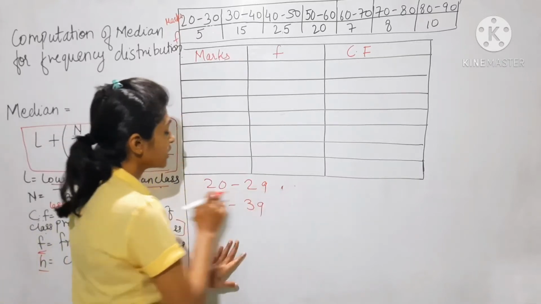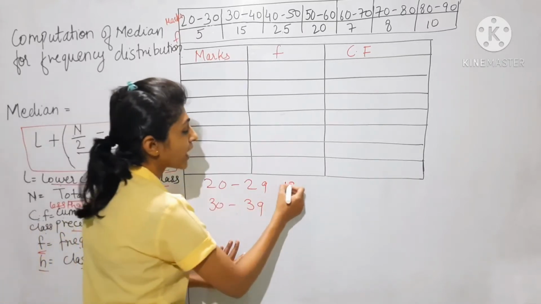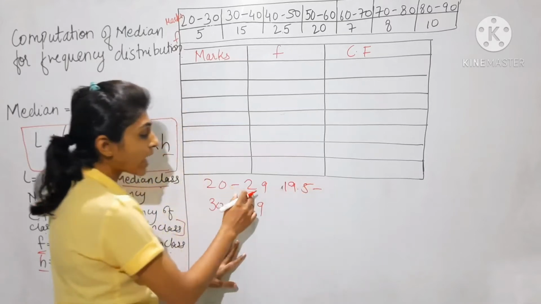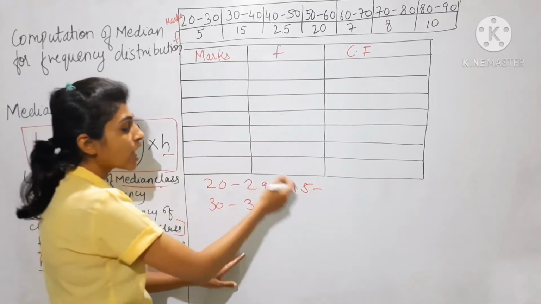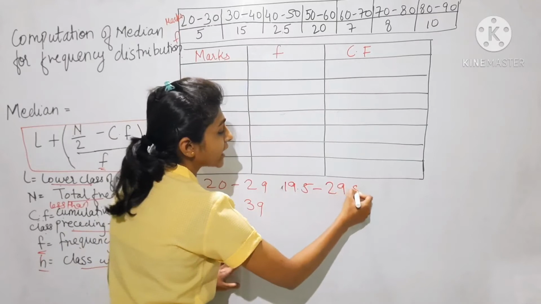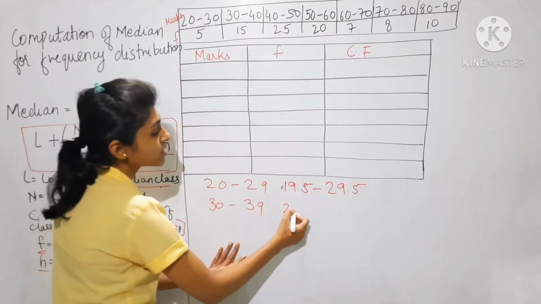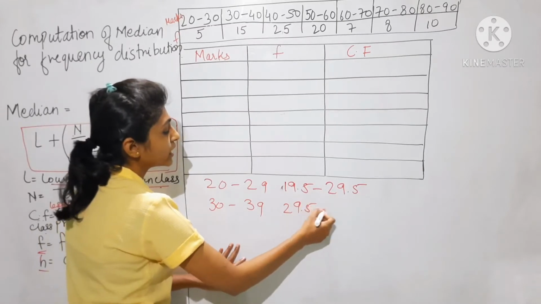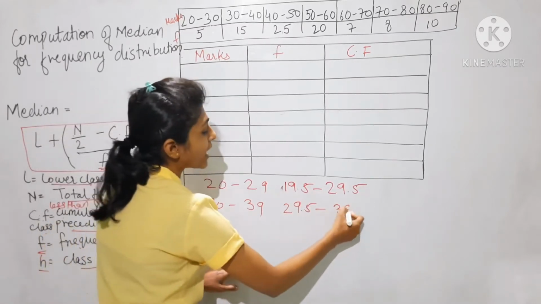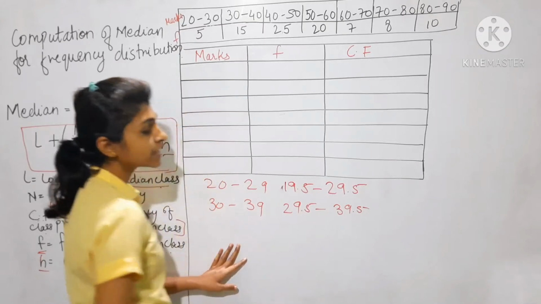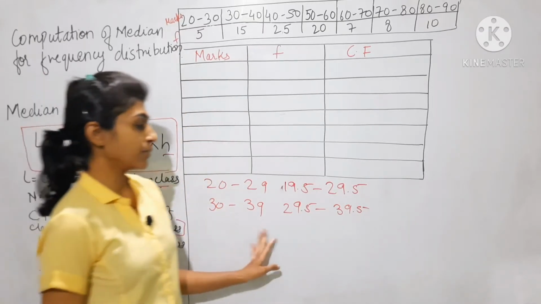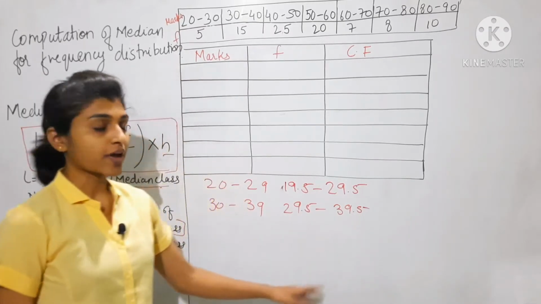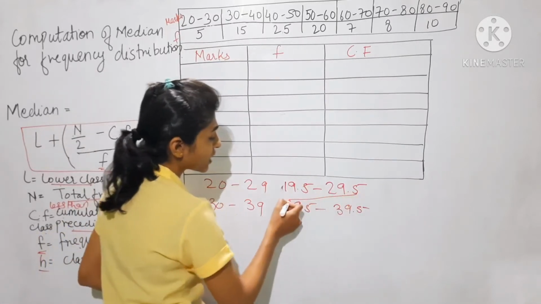Suppose in the lower limit 20 is there, so 19.5, and I will add 0.5 to the upper limit, that is 29.5. For the second class I will reduce 0.5 from 30, that will be 29.5, and I will add 0.5 to 39 in the upper limit, that is 39.5. So see, the classes become continuous.